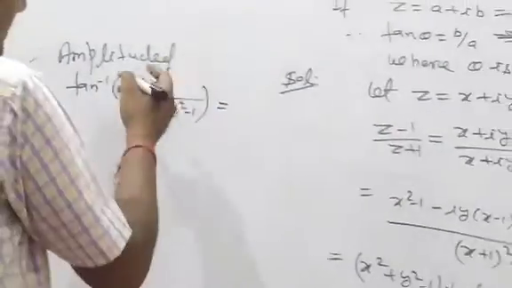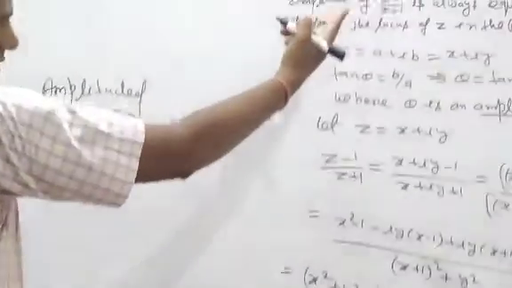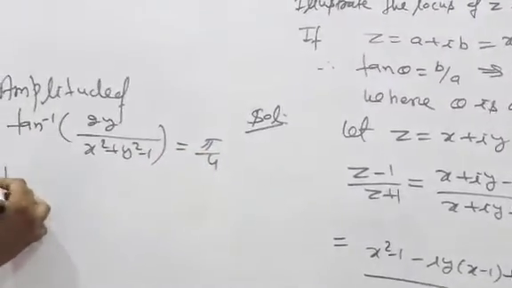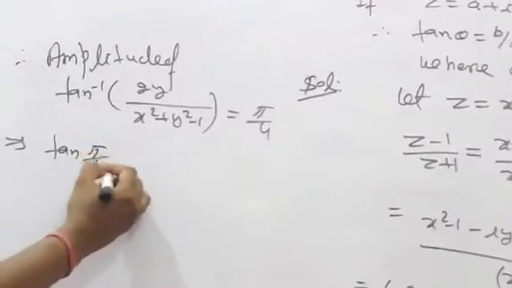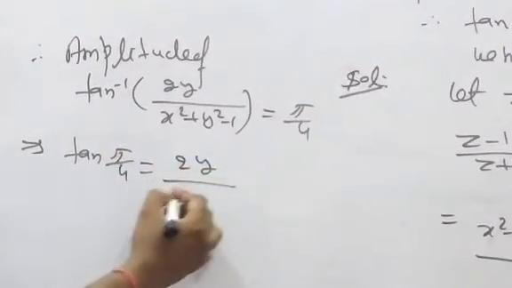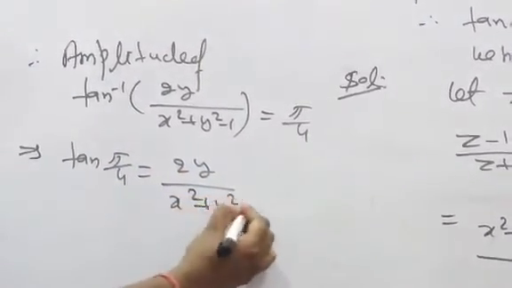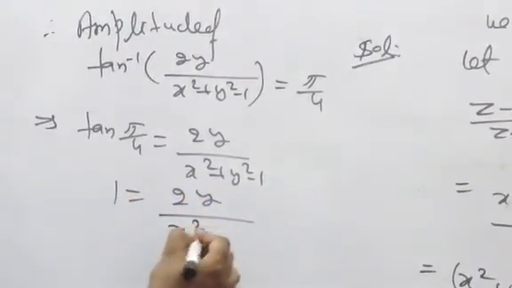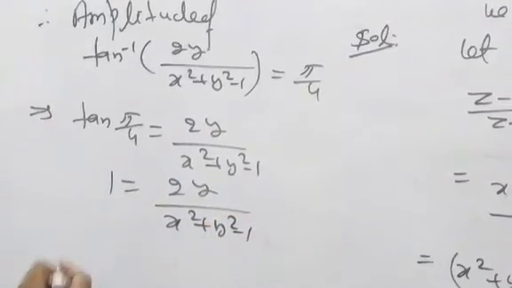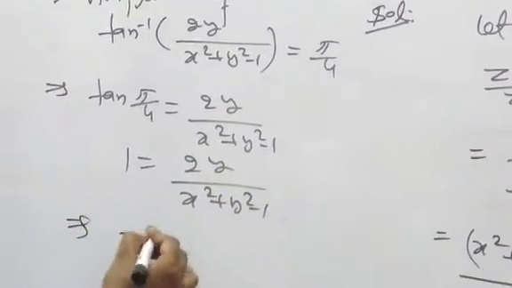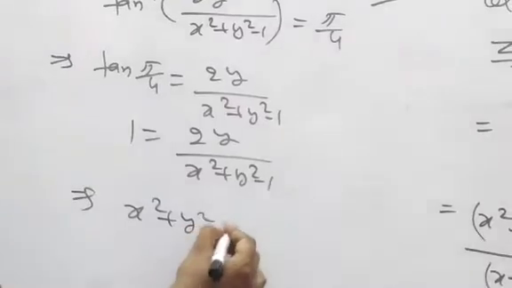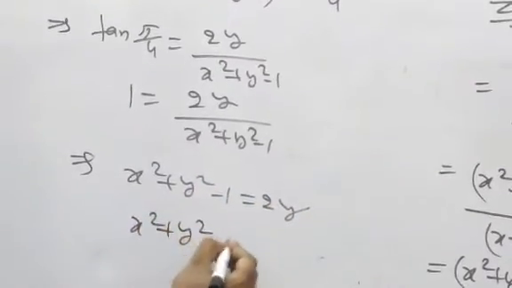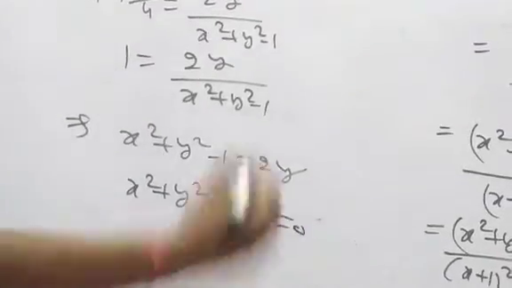Amplitude is given, pi by 4. Now tan pi by 4 is equal to 2y upon x square plus y square minus 1. Now cross multiplication, x square plus y square minus 1 is equal to 2y, so x square plus y square minus 2y minus 1 is equal to 0.